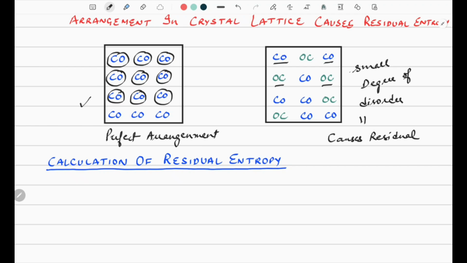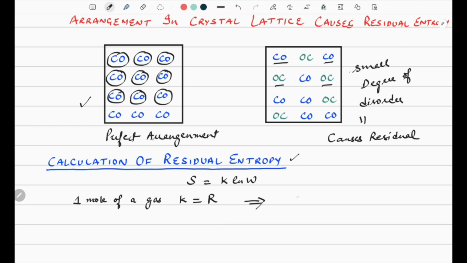Next, coming down to the calculation of residual entropy for numerical problems, we start with S is equal to K log of W, but for 1 mole of a gas, the Boltzmann constant is always equal to the universal gas constant.